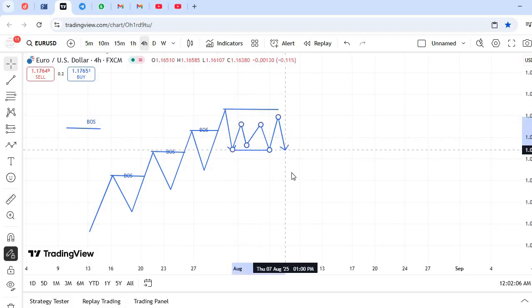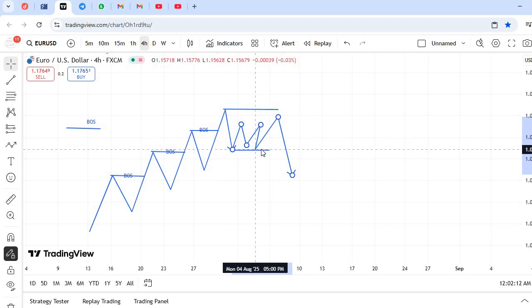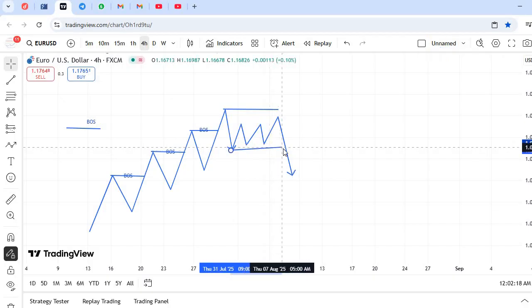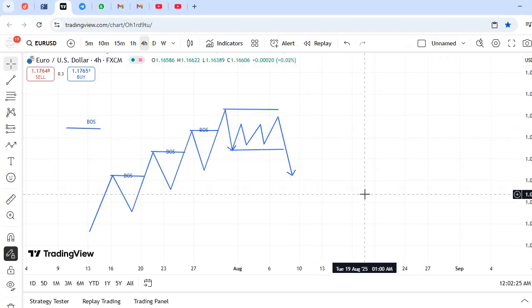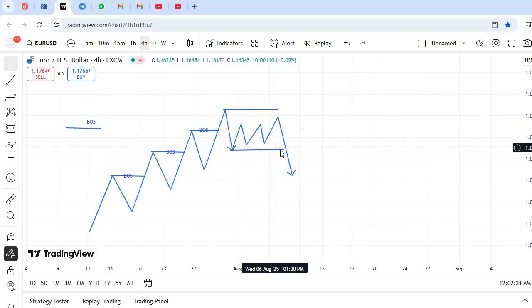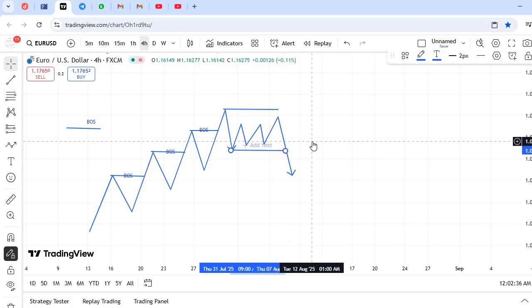So if price now comes to take out this low here, once price takes out this low, it means that we are having what is called a change of character.